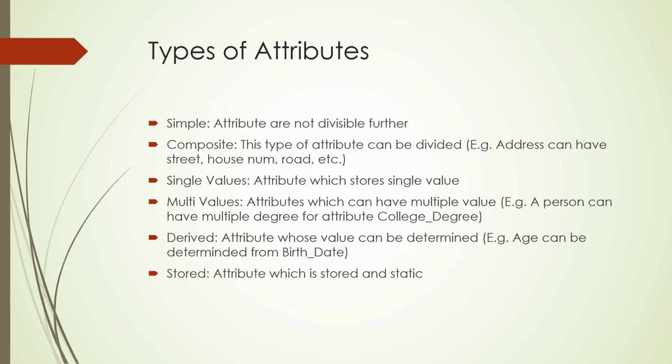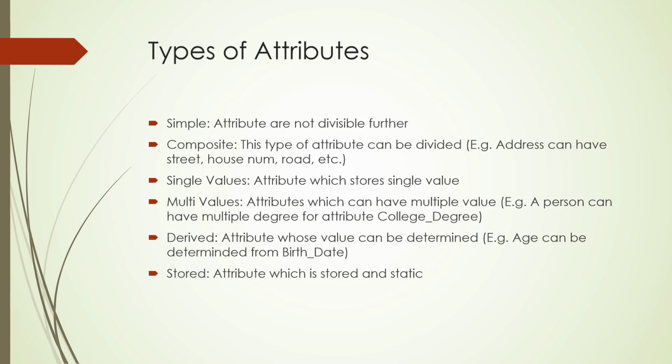So next is the multi-value. This kind of attribute has multiple values. For example, a person can have multiple degrees, right? For an attribute like college degree, a person might have become a mechanical engineer, and another person might have done some post graduation.